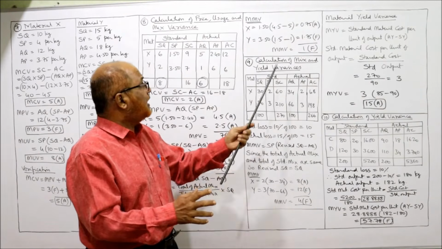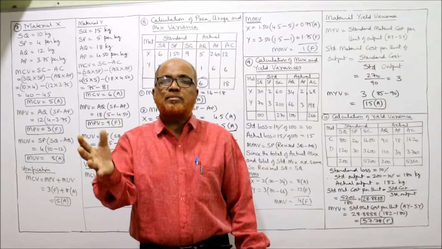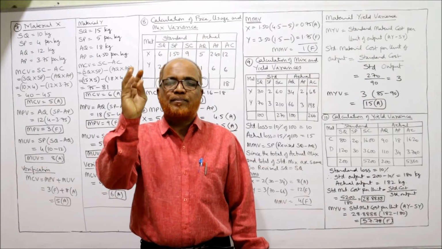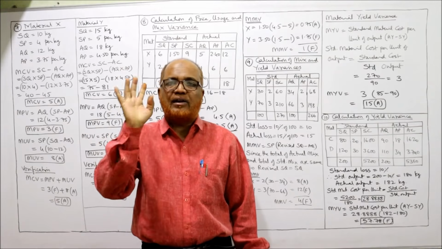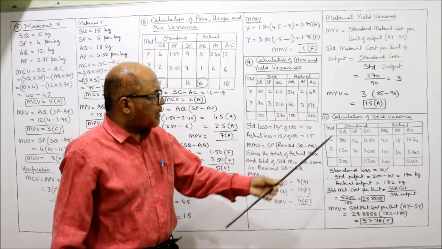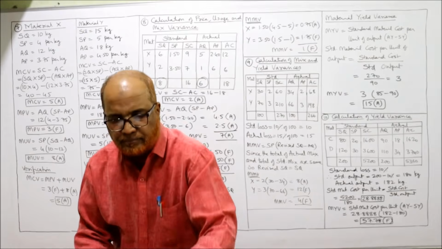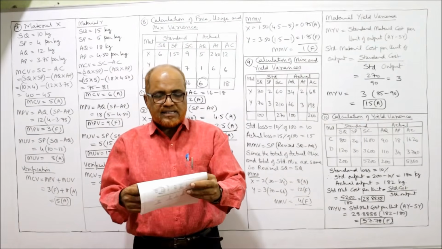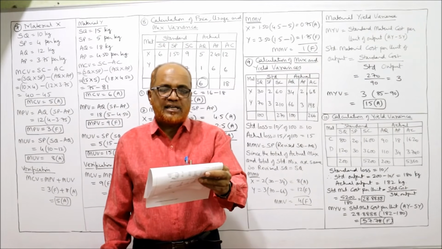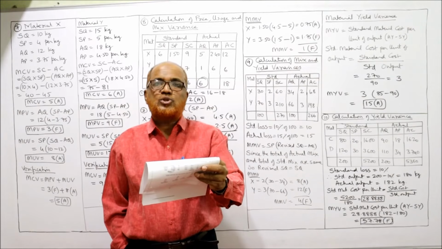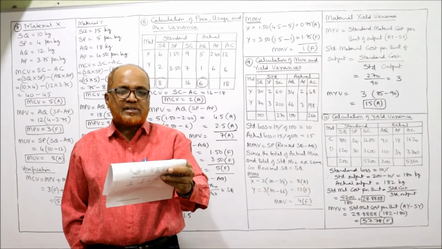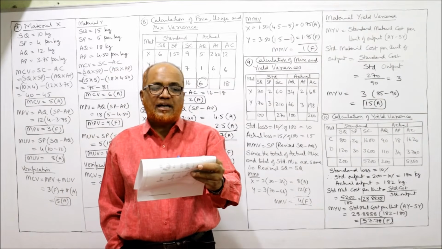So far we have done 9 problems. In these 9 problems, we have applied all the 5 variances: MCV, MPV, MUV, MMV, MYV. Next problem, problem number 10. The standard cost of chemical mixture is as follows: 40% of material C at rupees 20 per kg, 60% of material D at rupees 30 per kg.